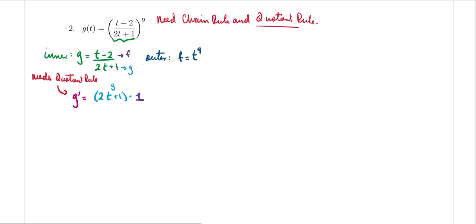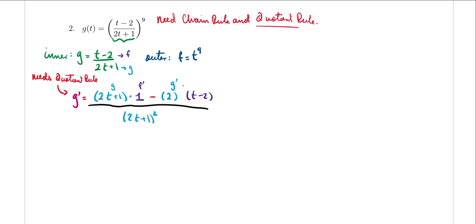This is f prime right here, minus the derivative of g, the denominator here, which in this case is just going to be a 2. So here's the g prime, times f, which was t minus 2, and it was all over g squared. So put here 2t plus 1 squared.